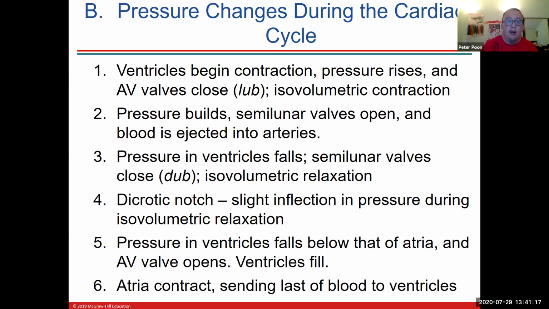There's a pressure drop in the ventricles, and then the ventricle pressure drops below that of the atria, and that causes the AV valve to flip open, and the blood goes from the atria to the ventricles. And then finally the atria contract, sending the last of the blood to the ventricles. The atrial contraction sends about 15–20% to the ventricles. It's not a critical thing, actually.